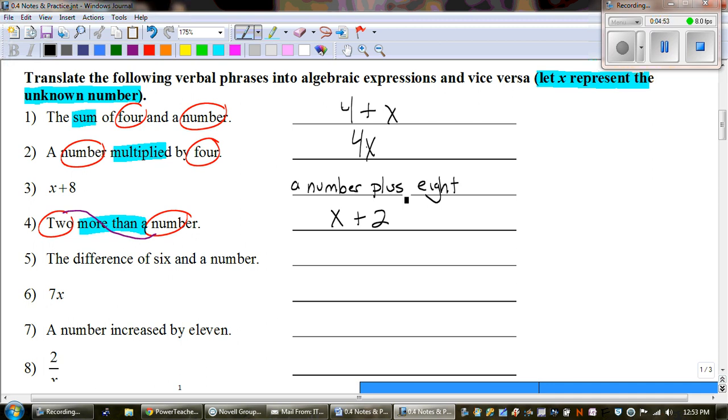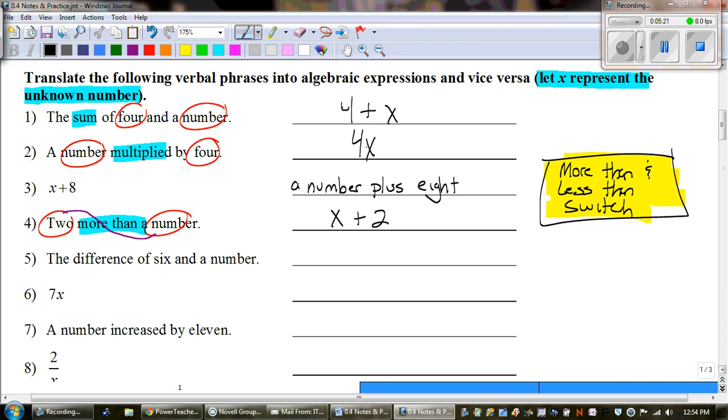More than and less than, we have to switch. I'm going to write a little note off to the side so we remember. So more than and less than, we need to switch. Don't forget about that.